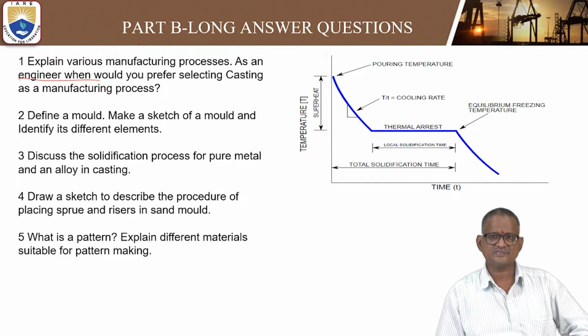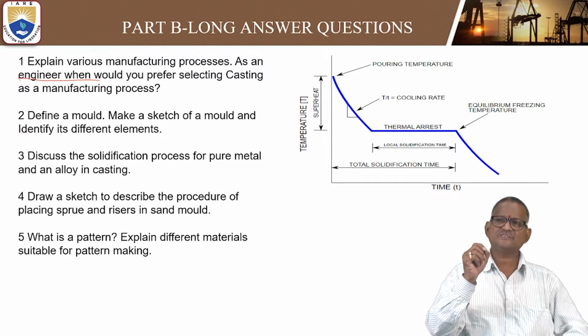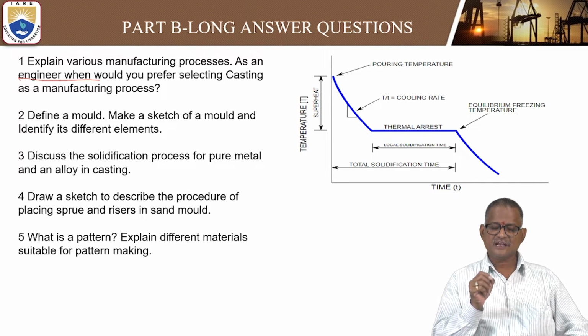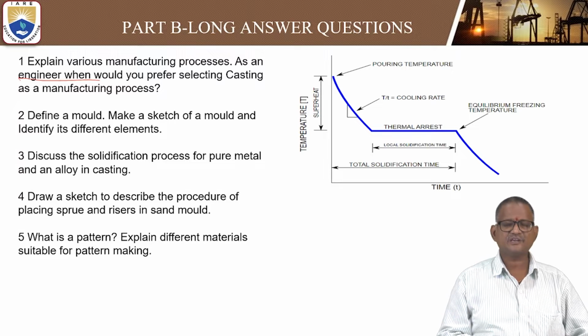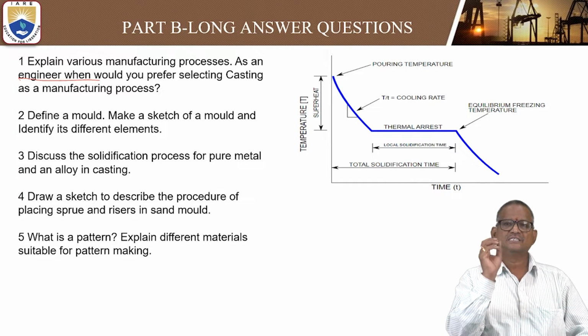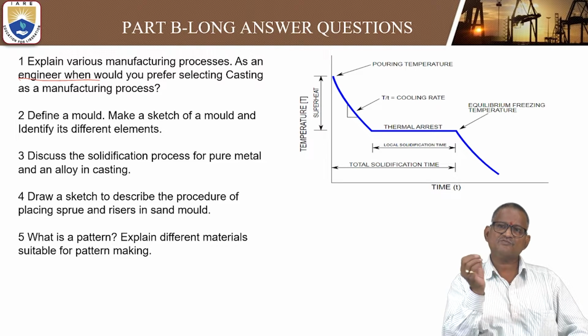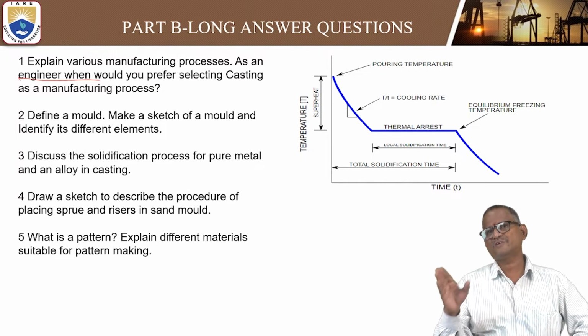Like that you can write point-wise and step-wise, and wherever needed you can add line diagrams. No need to draw three-dimensional diagrams. Line diagrams that clearly show the term manufacturing process and why we prefer casting when compared to any other.